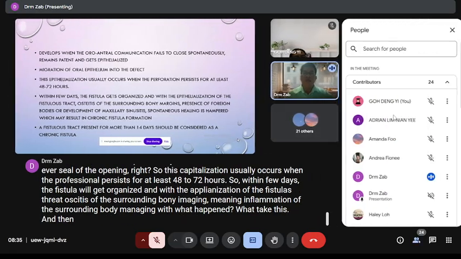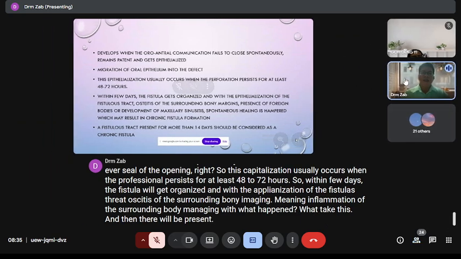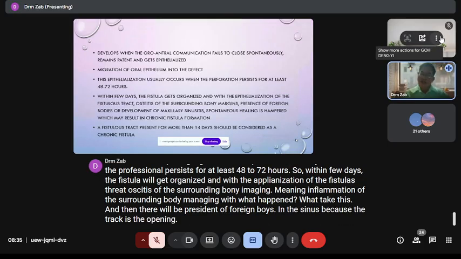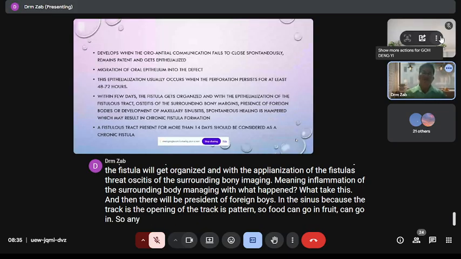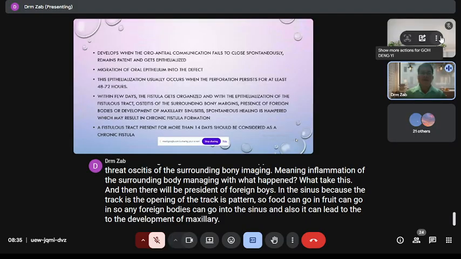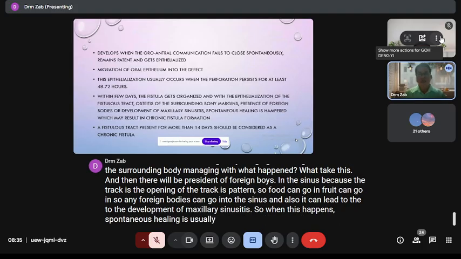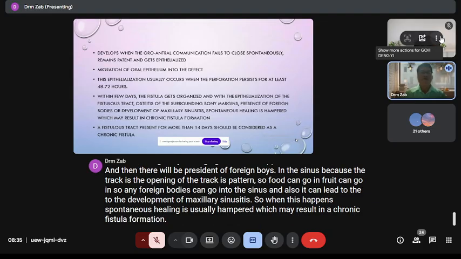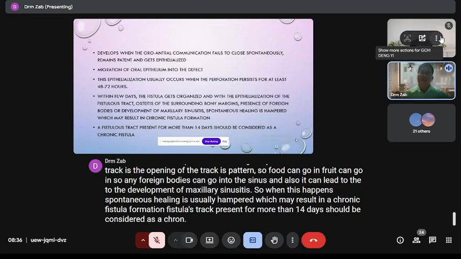There will also be the presence of foreign bodies in the sinus, because the opening of the tract is patent, so food and fluid can go in, and it can also lead to the development of maxillary sinusitis. When this happens, spontaneous healing is usually hampered, which may result in a chronic fistula formation. A fistula tract present for more than 14 days should be considered a chronic fistula.